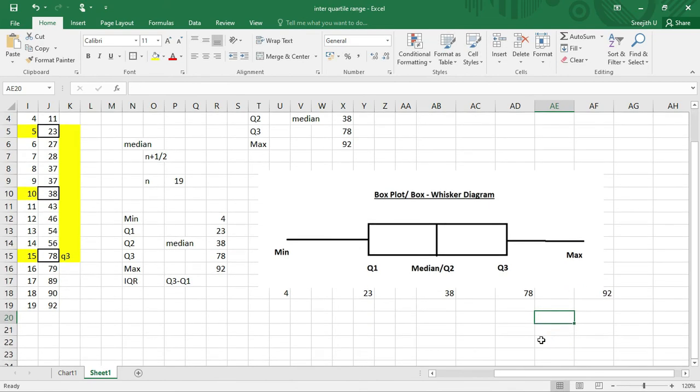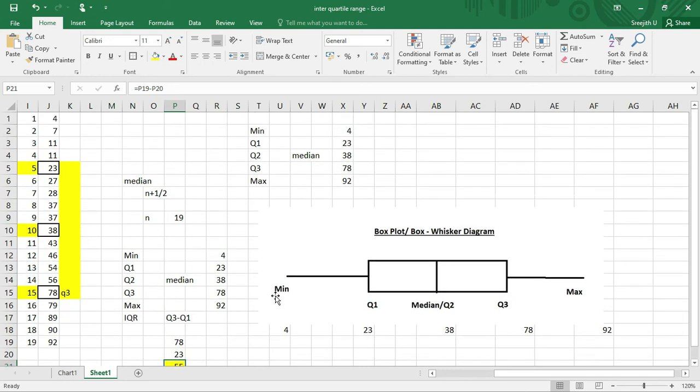And the interquartile range is Q3 minus Q1, 78 minus 23, which is 55. So this is your interquartile range. IQR is defined as Q3 minus Q1.